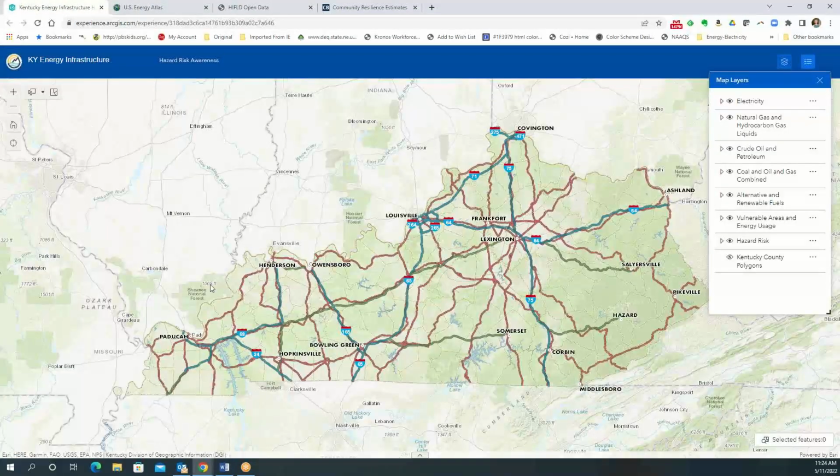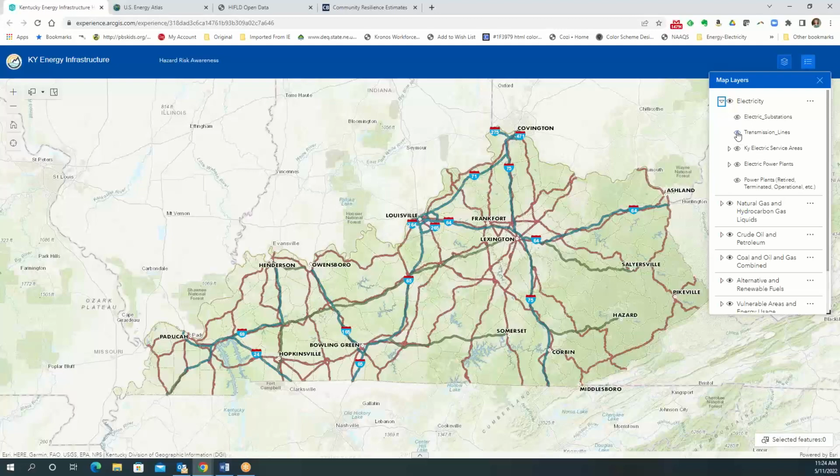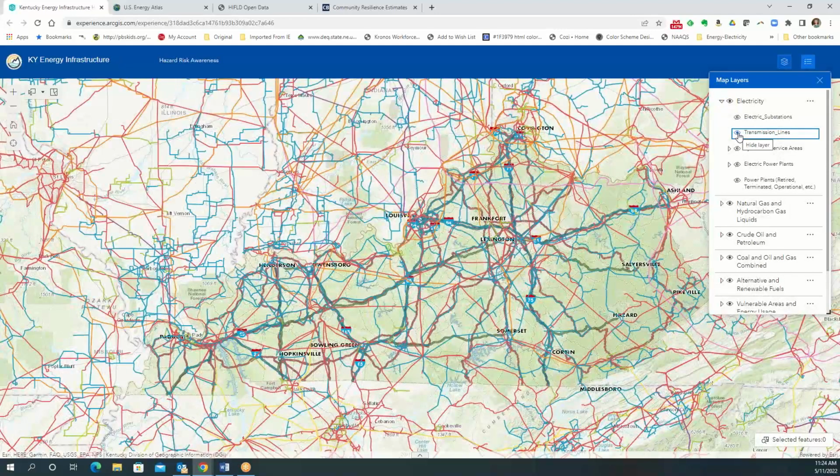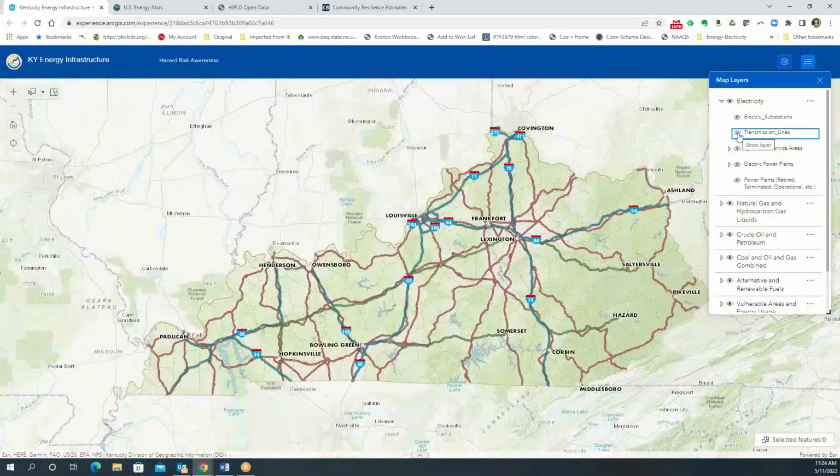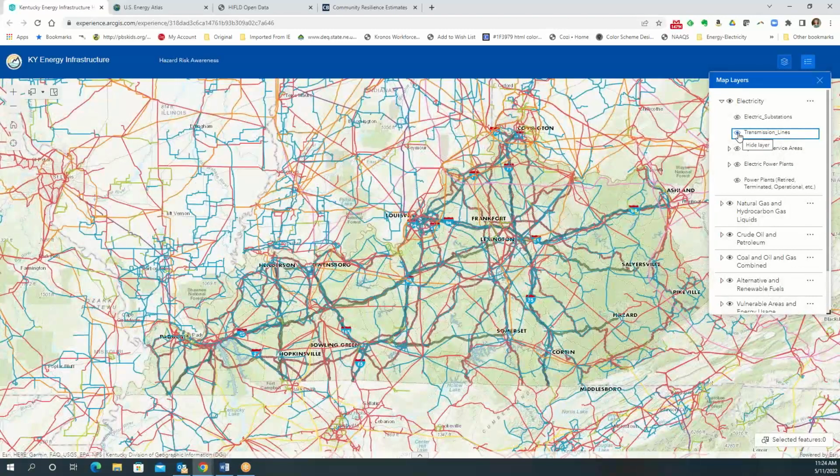But going back to our infrastructure hazard risk awareness mapping experience, you can see electricity. You can turn these layers on and off by clicking the eye. There's our transmission. And I didn't turn off the nationwide layers on this one or filter it just for Kentucky, because it was important to show how our transmission system interacts with our surrounding states.